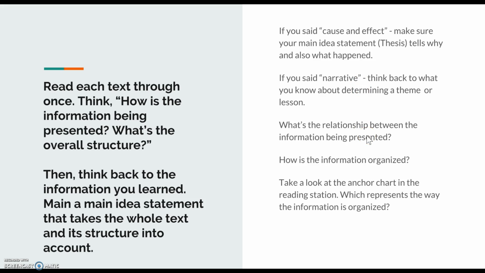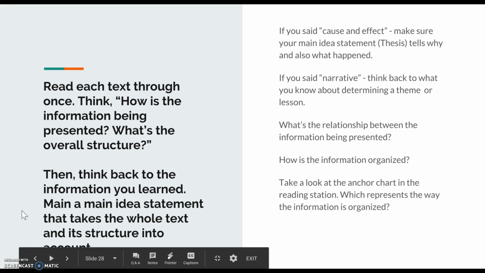You need to look at what's the relationship between the information being presented. For instance, is there a main idea with details? Okay, boxes and bullets. Are the facts presented in order? Okay, then that's timeline. So now you would just go into the Google Forms and you would complete the questions for what keywords are for each area.